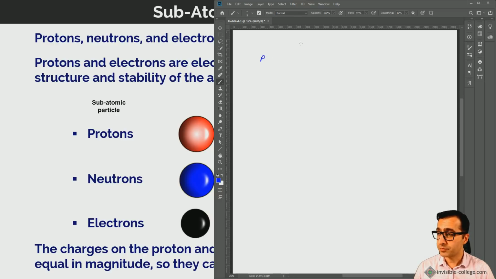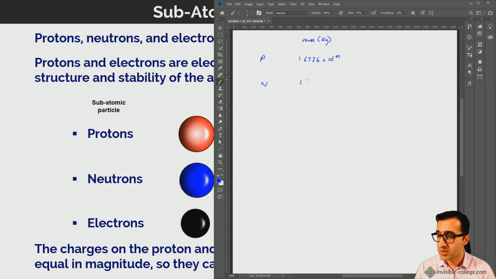So the mass of a proton in kilograms is approximately 1.6726 to 4 decimal places. It has been measured much further than that, but we'll stick to that for now, times 10 to the power minus 27 of a kilogram. The mass of a neutron is approximately the same.